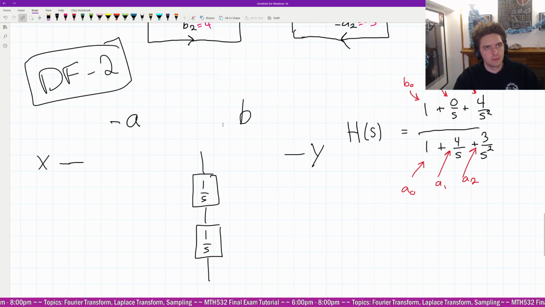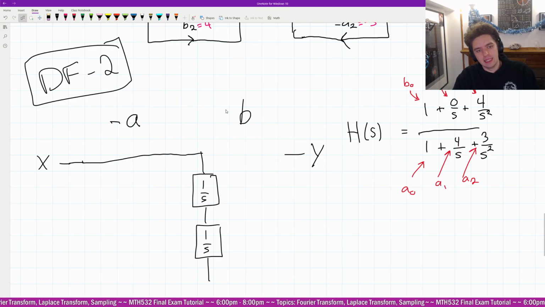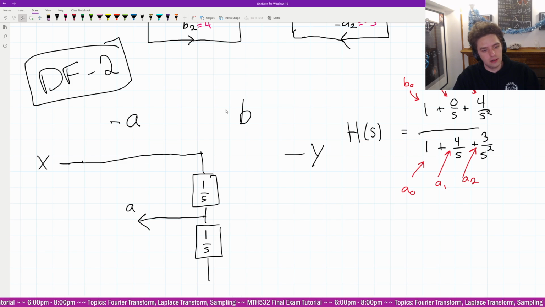So I think that's correct. So this will always just connect like that, because A0 is always going to be 1. You just connect the wire right there. Then here it's going to be an amplifier this way with a gain of A1. I'll put the numbers in a second.